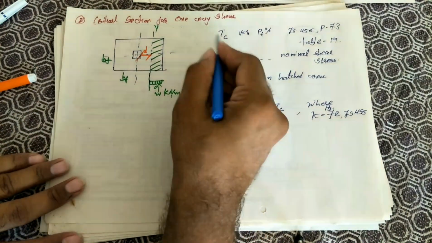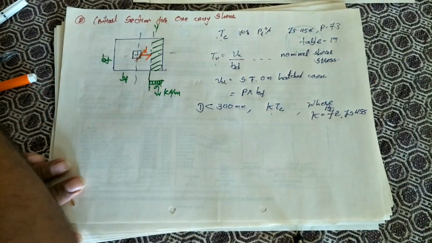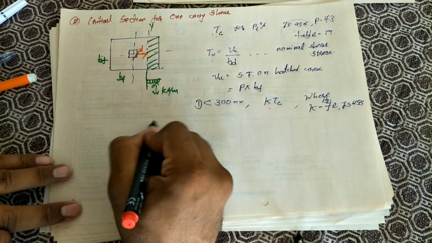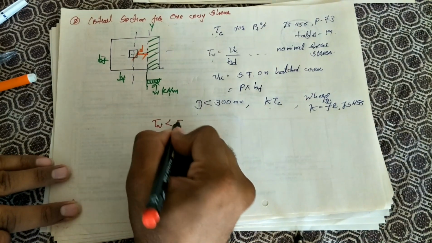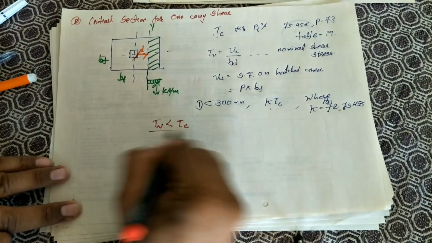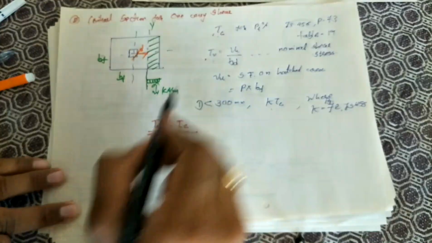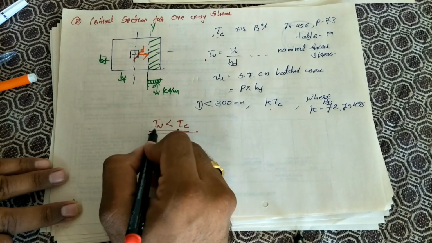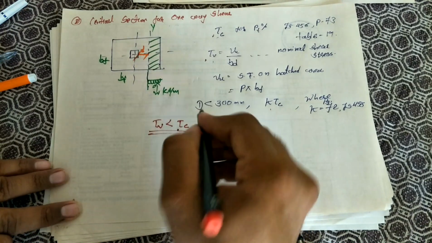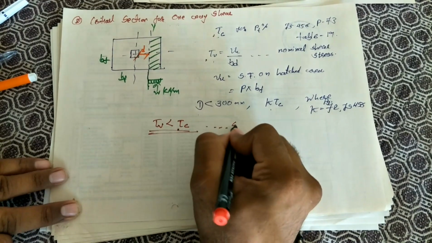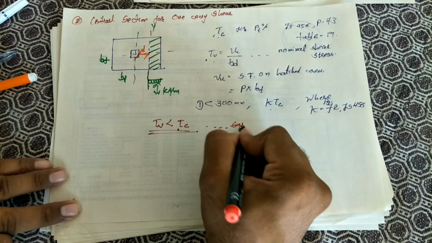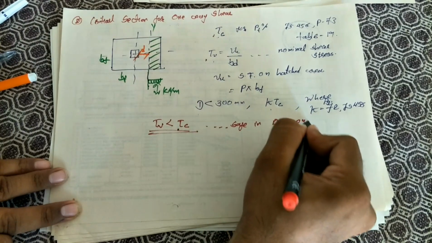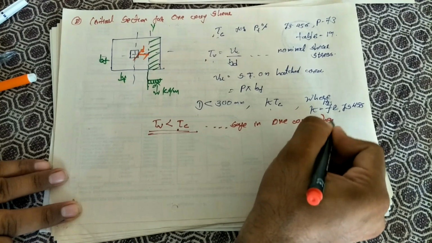If we have to calculate tau c and tau v values, and if my tau v is less than tau c, so tau c is the greater value, my design shear stress is greater than my nominal shear stress, then you can say that my footing is safe in one-way shear.